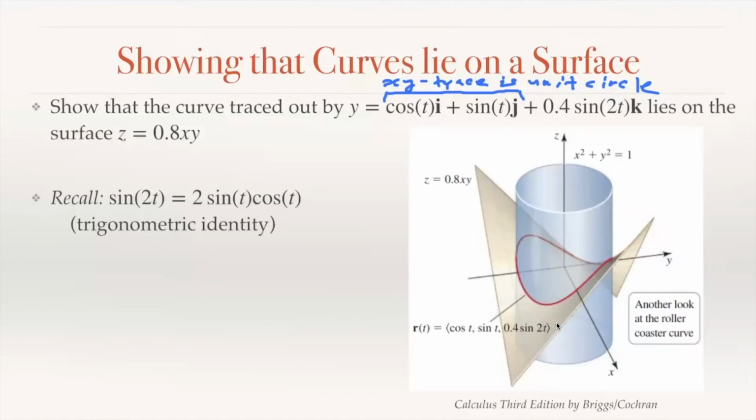So, as usual, we can eliminate t by relating x and y, and also z in this case. And here we'll need this other trigonometric identity. Recall the double angle formula, sine of 2t is 2 sine t cosine t. The reason we'll need this is this sine of 2t right here.